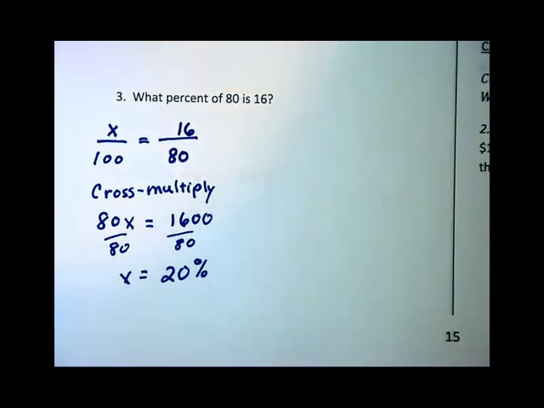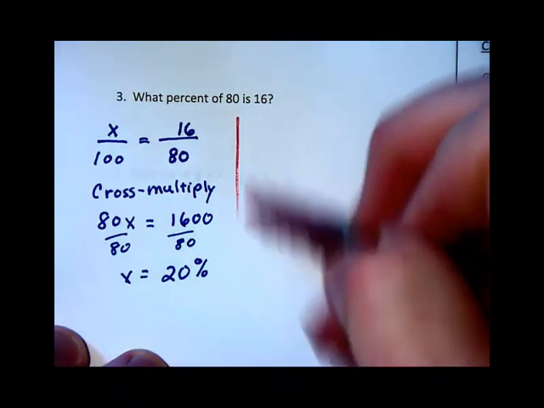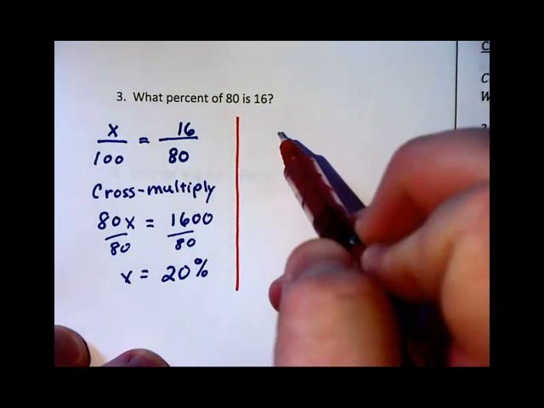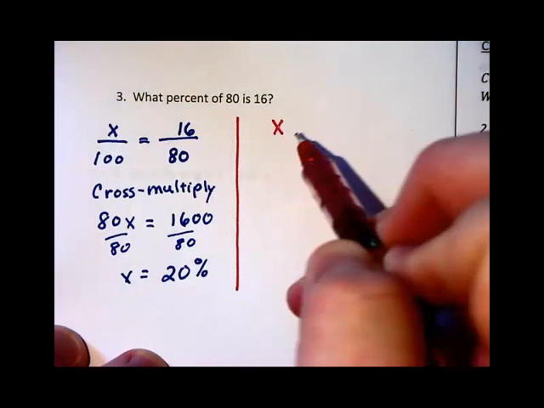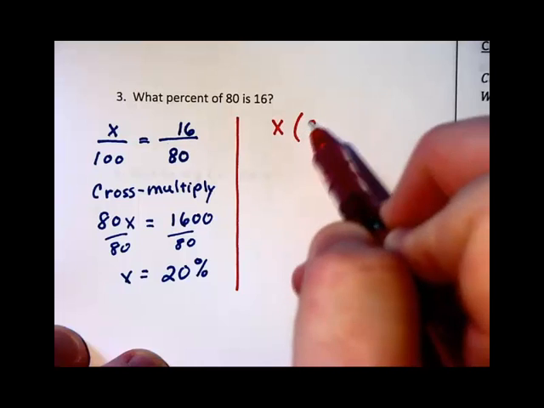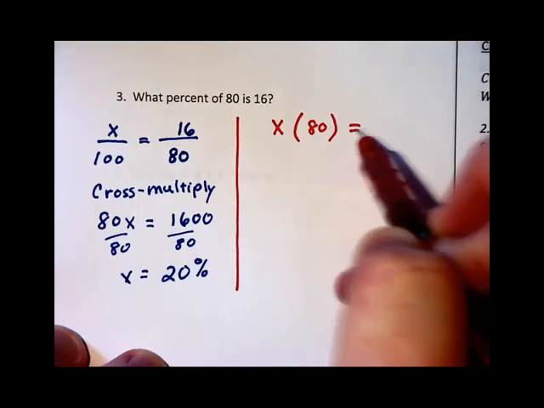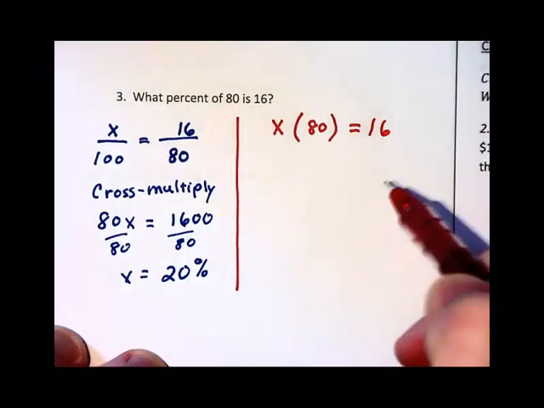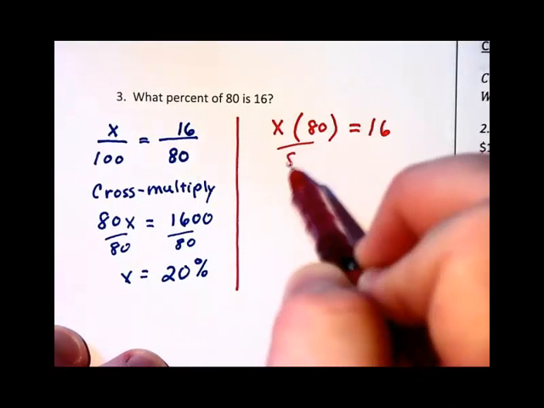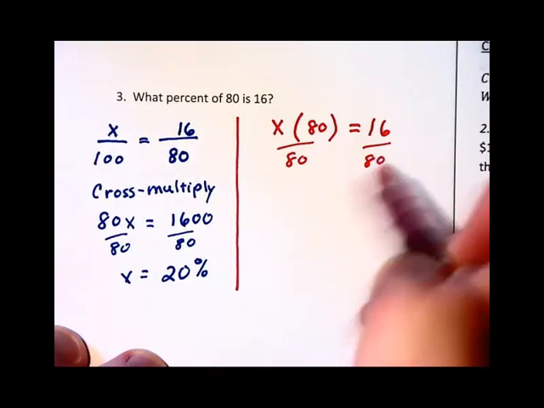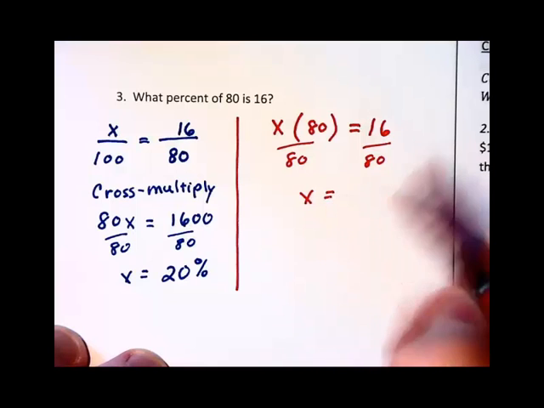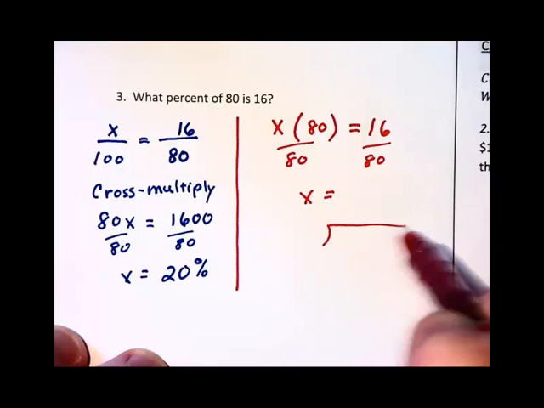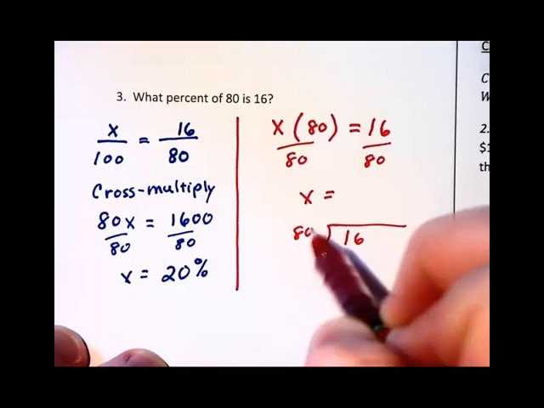Moving on to the third problem. What percent? I don't know. What percent x of 80, that would mean times 80, is 16. Okay, let's divide each side by the 80. X equals, now when you do the division, 16 divided by 80, it doesn't go in evenly.